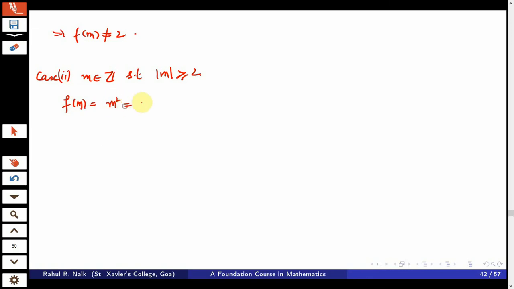So m square, as we know, is the same as mod of m squared, because m square is always a positive quantity. This has to be greater than or equal to 4, as mod of m is greater than or equal to 2 and both are positive quantities. So mod of m squared has to be greater than or equal to 4, which is strictly greater than 2, right? Therefore f of m in this case is also not equal to 2; in fact it is strictly greater than 2.